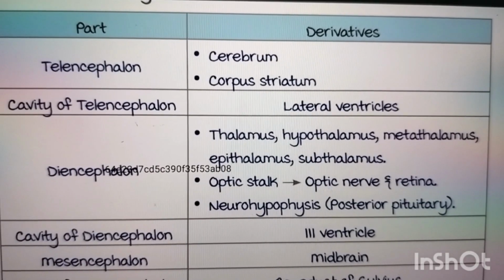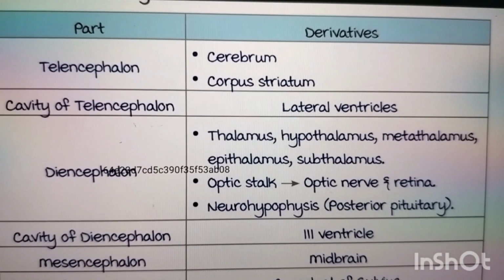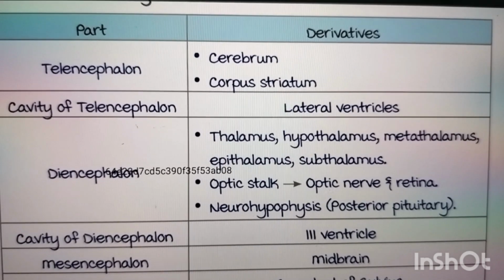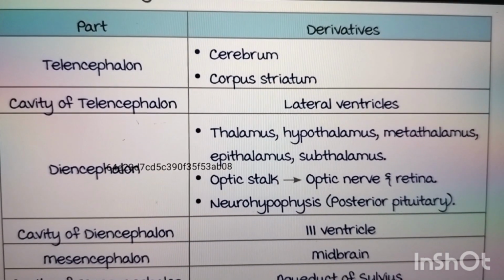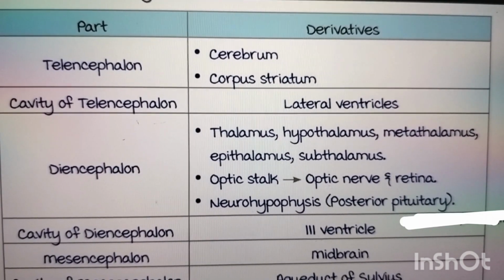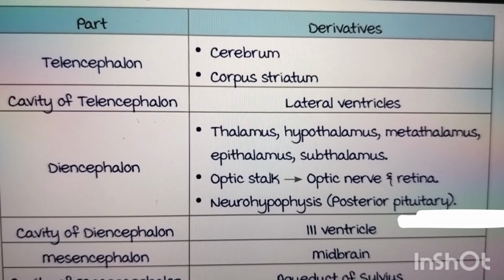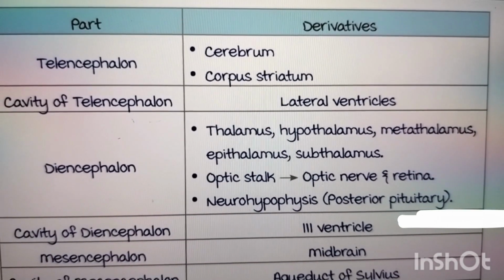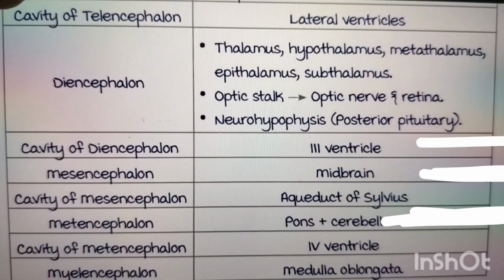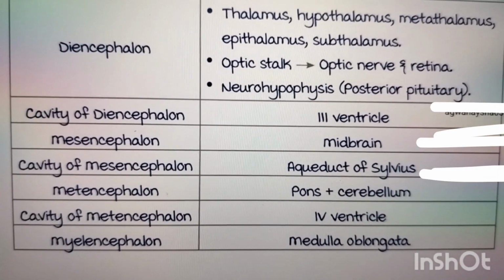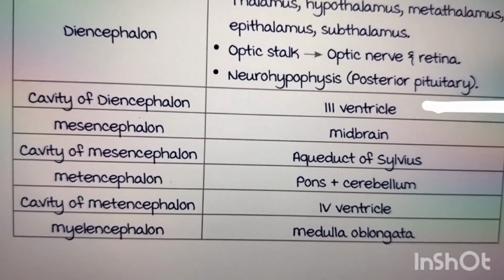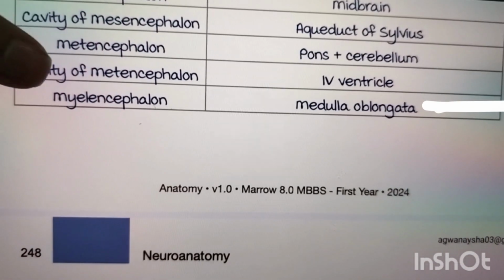Optic stalk means optic nerve and retina. Neurohypophysis is the posterior pituitary. The cavity of the diencephalon gives rise to the third ventricle, and mesencephalon gives rise to midbrain, metencephalon to pons and cerebellum, and myelencephalon to medulla oblongata. So that is clear.